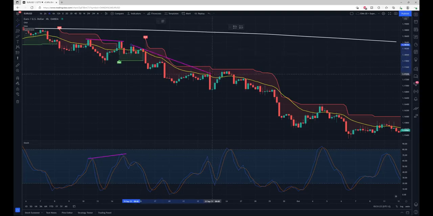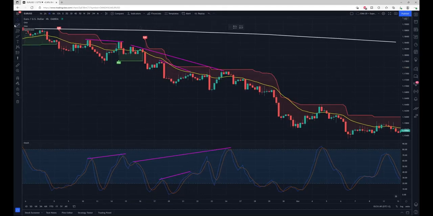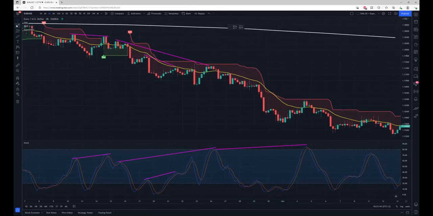We see it here, we can see it here, and if we draw it in, so we look at this peak right here, we see it going over here, we get a much higher point on the indicator, and at the same time we're getting a lower high on the price action. So you can see it happening quite frequently along this downtrend.